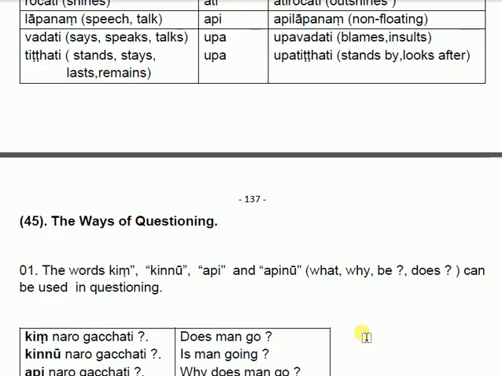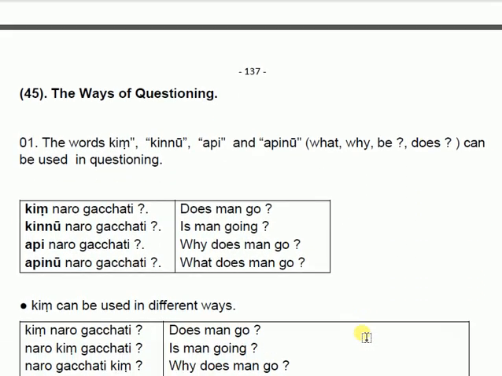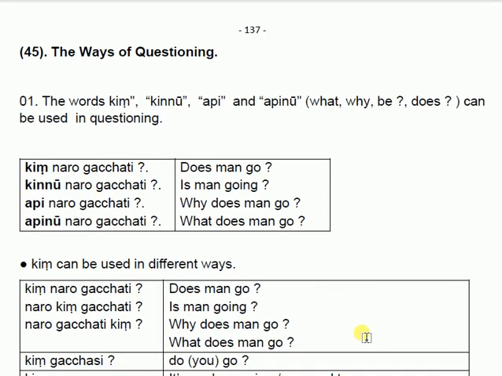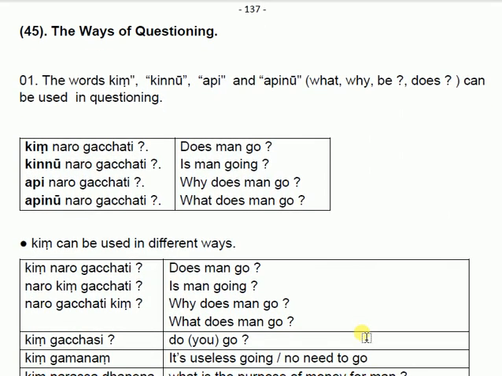Now let's go down to page number 137. We have a new topic, number 45, the way of questioning. Now we are going to learn how we ask questions in Pali. There are several ways, so many ways. Let's start with one.